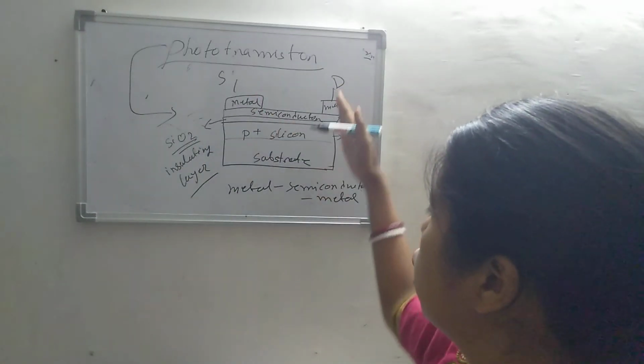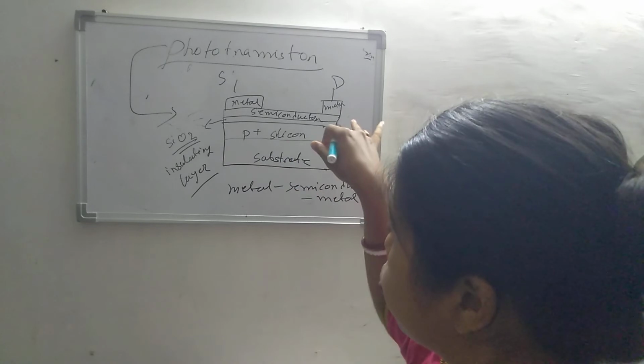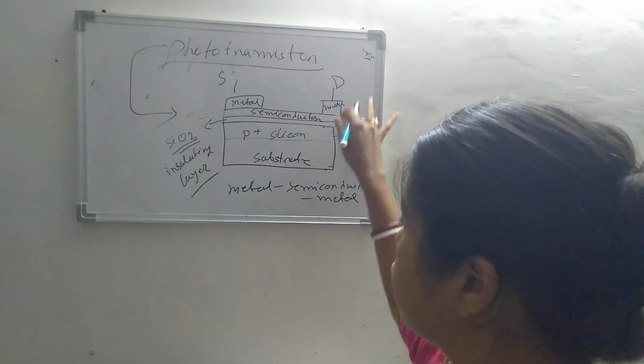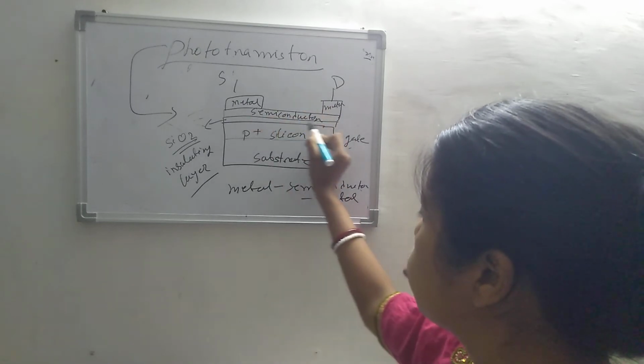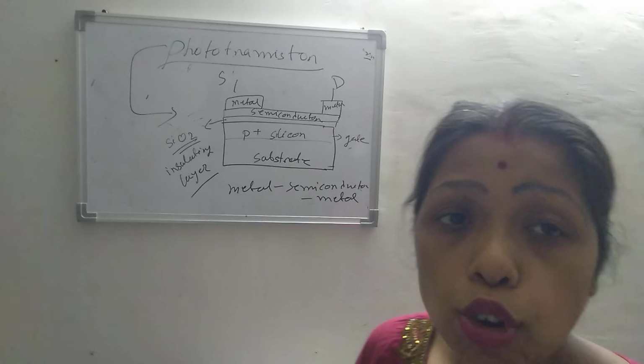This is called the lateral structure. If we see from the other view, it will be a little bit different. The process will flow this way, source to drain, the flow of the electron.